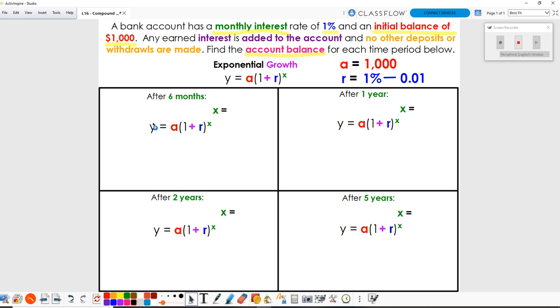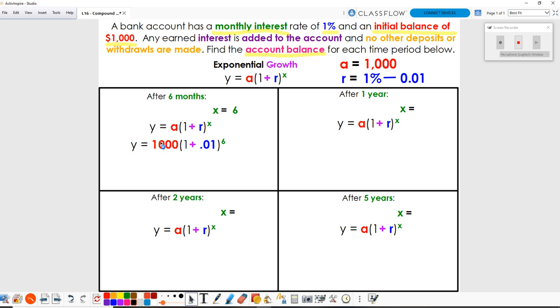So in this situation, we want to look at 6 months. Okay, how much interest are we going to have after 6 months? Now we're told up here our interest is going to be compounded monthly. So that means if we're looking after 6 months, that's a time period of 6 intervals. Okay, interest is going to compound every month for 6 months. So we're going to fill in this formula.